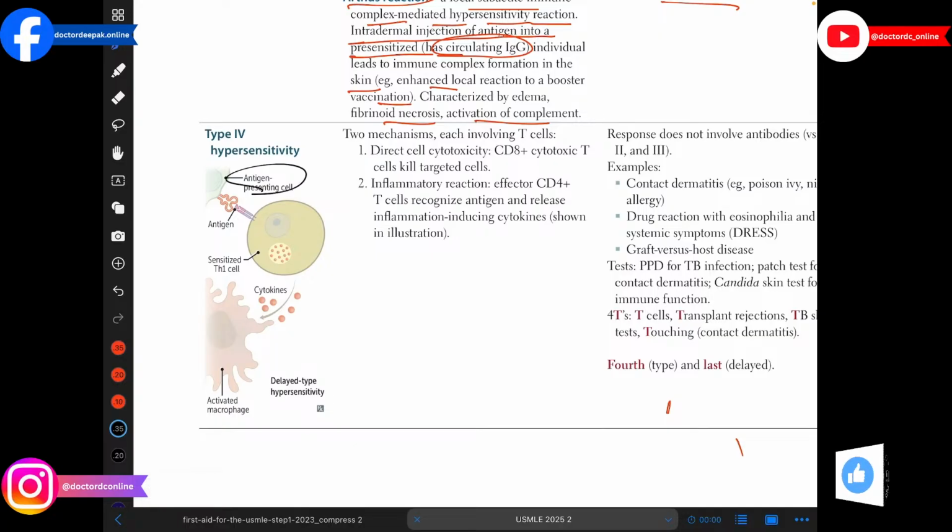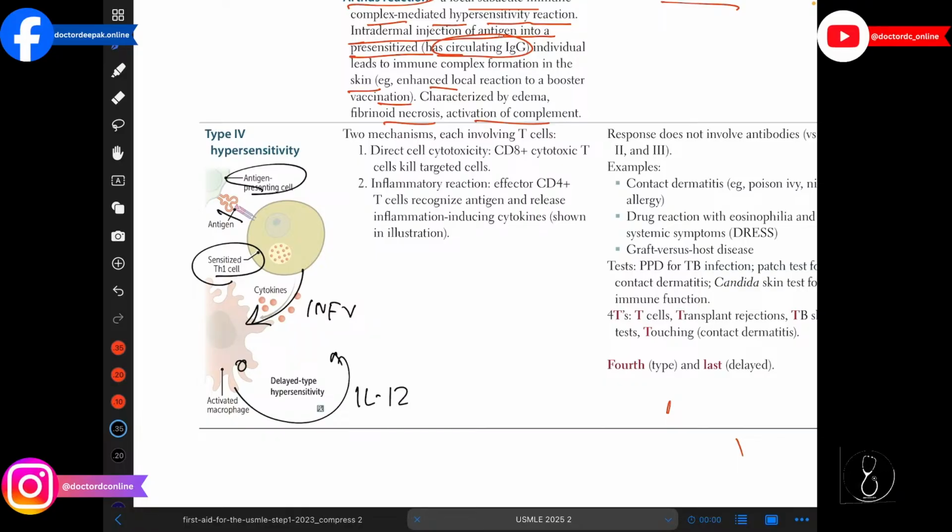Let's study from here in type 4 hypersensitivity. These are antigen presenting cells that present the antigen and sensitize the type 1 helper cells that release cytokines, raise interferon gamma, and activate the macrophages, which release interleukin 12.